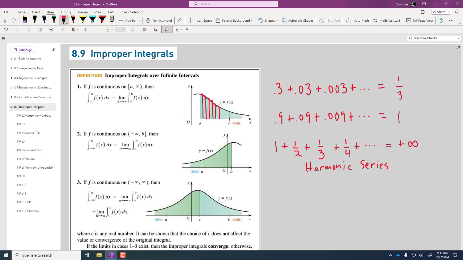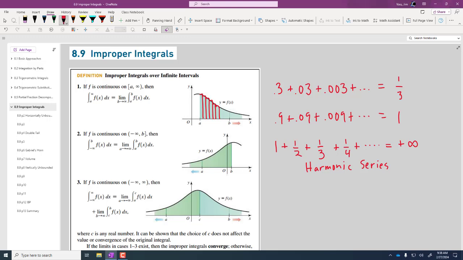So one of the features for an infinite sum to be finite is if you look at each term, the terms have to be shrinking to 0, and they have to be shrinking to 0 pretty quickly. If you look at the harmonic series here, these terms are shrinking to 0, but what we will show eventually is that they are not shrinking to 0 fast enough.